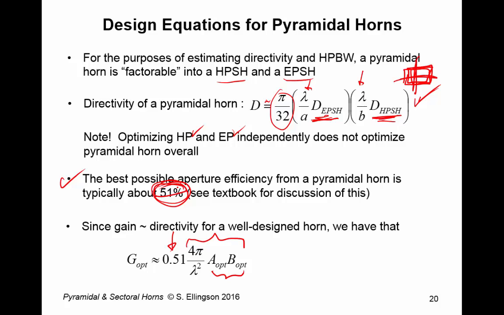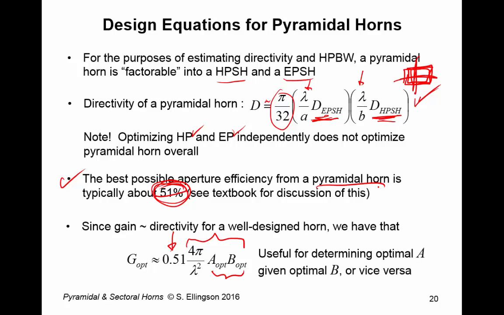So the idea here is that we have a relationship between the ideal effective aperture and the best possible effective aperture that we can hope to achieve for a pyramidal horn. And now we can use this as part of our design process. As we say here, useful for determining optimal A given an optimal B and vice versa. So the trick will be get either A or B, and then we can get the other one through this expression.